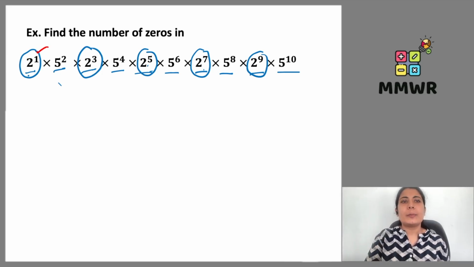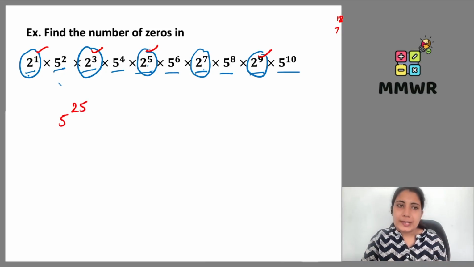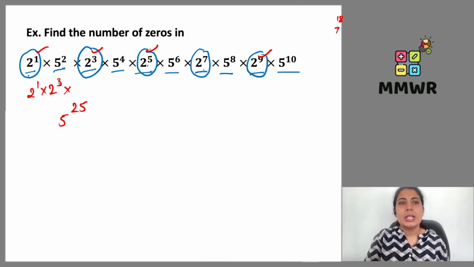So here we have 1 plus 3, 4. 4 plus 5, 9. 9 plus 9 is 18. And 18 plus 7 is 25. If you want to do it step by step, you can write it this way. 2 to the power 1, 2 to the power 3, 2 to the power 5, 1, 3, 5, 7 and 9.